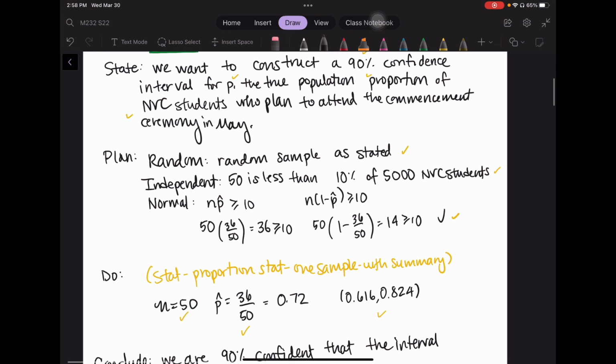So we go back to our sentence, and it's actually the same thing that you wrote in the state: Napa Valley College students who plan to attend the commencement ceremony in May.